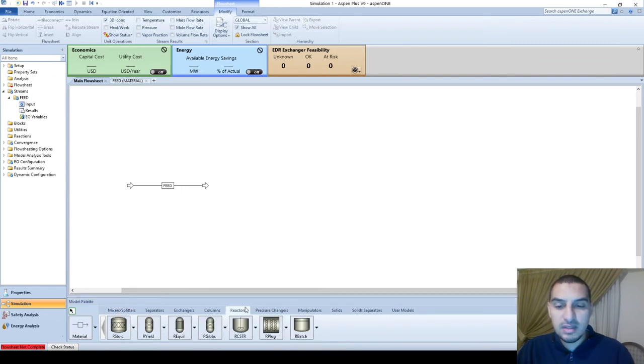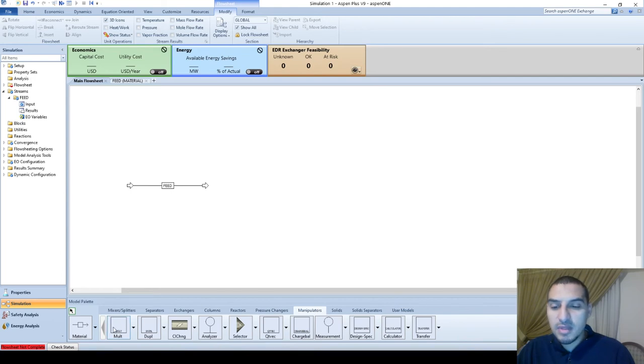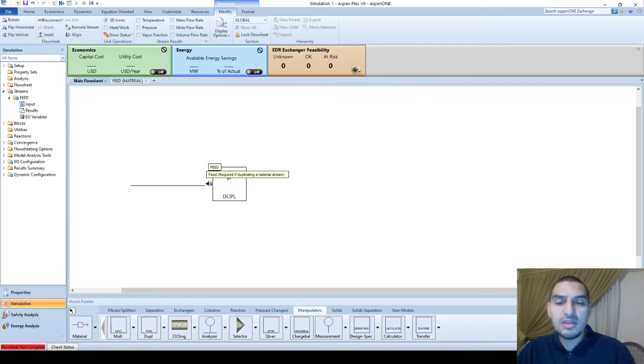So let's take a look. These are the 4 reactors that we're going to be talking about today, and these are going to have the same feed. Instead of making copies of this file, we can use what we have here in the manipulators. In the manipulators, we have duplicate, we have multiplier, and so on. The duplicate is kind of like the splitter, but it doesn't split.